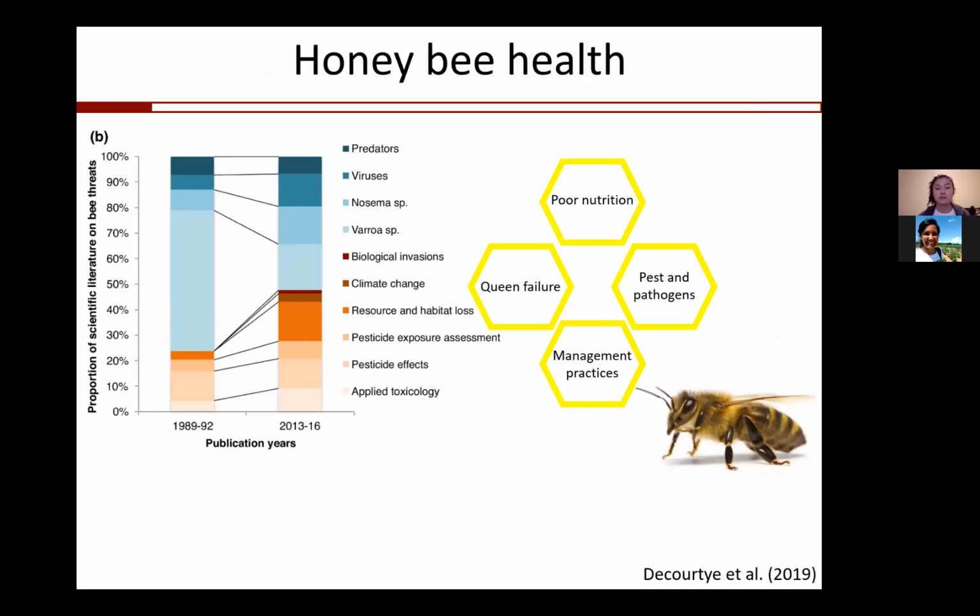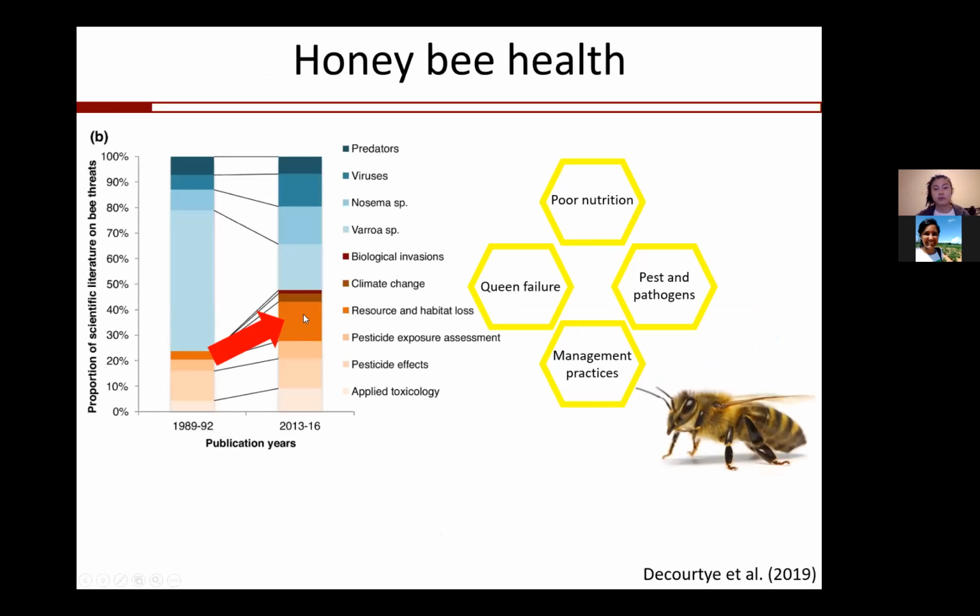This is a meta-analysis of a bunch of different papers from 1989 to 2016. In more recent times, I want to direct your attention to this orange bar here. I consider this to be nutrition, and interest in studying bee nutrition has significantly increased.